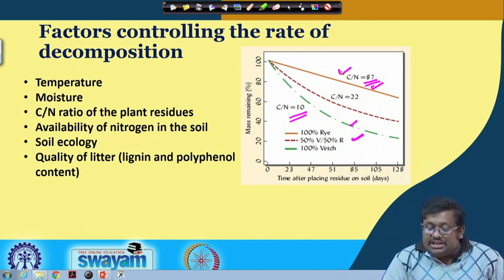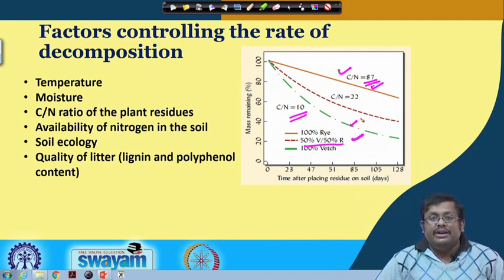And when we mix 50% vetch with 50% rye, you can see intermediate trends. That shows that the C:N ratio of the plant residue is very important, which controls the rate of decomposition of organic matter.